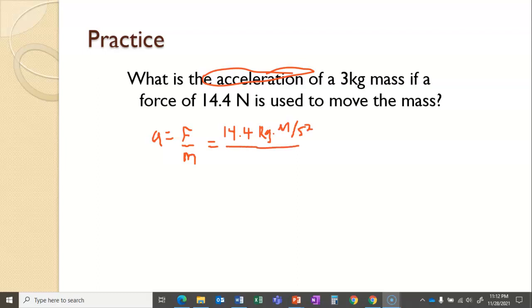We're going to divide that by the mass of 3 kilograms. Again, kilograms are going to cancel out.